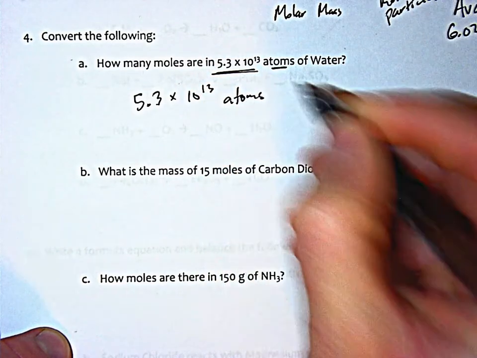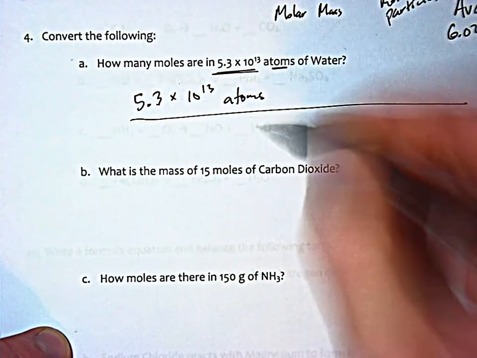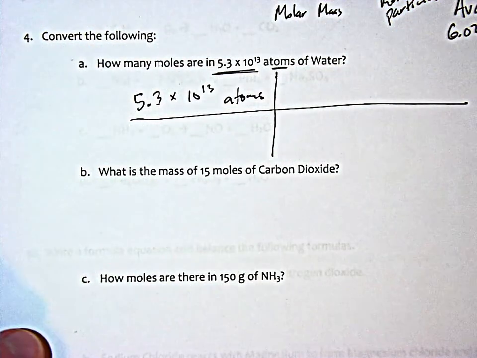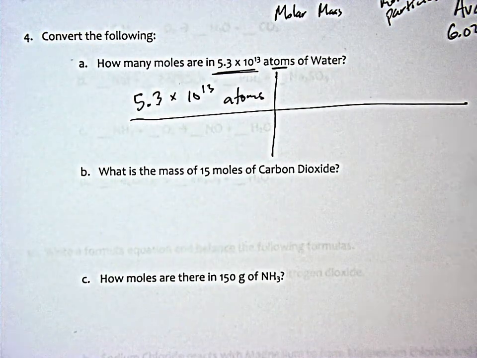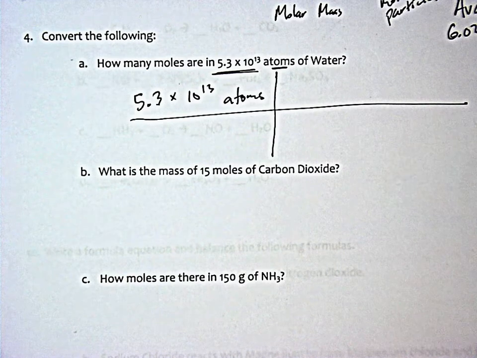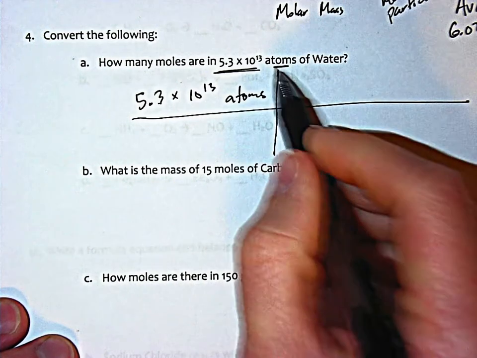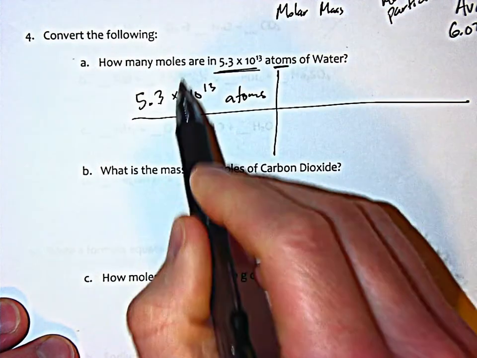It's important that you write out all of your units, because as I go through this conversion factor, I'm going to need to cancel out units of what I have to get to units of what I want. Units that I have are atoms, but I want to get to moles.